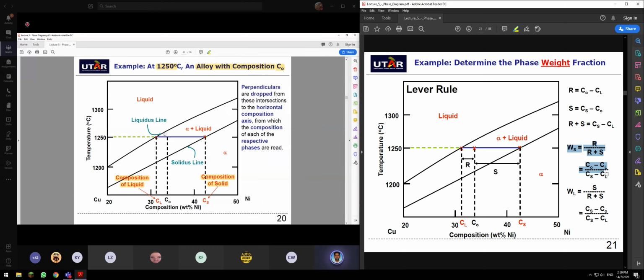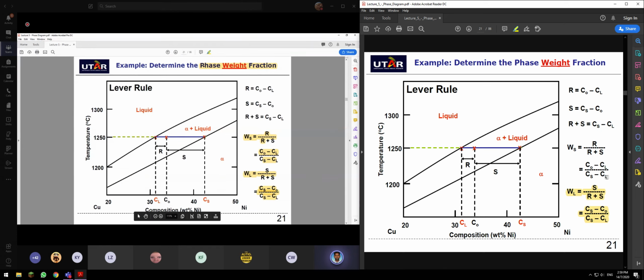Step by step. Here you can find the composition of liquid. Here you can find the composition of solid. Now let's say they ask you to find the weight fraction or phase amount. With the given composition at 1250 degrees Celsius, if you want to find the weight percentage of solid, this is the solidus line, this is the liquidus line. You need to use the lever rule.